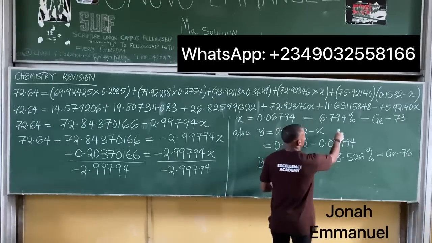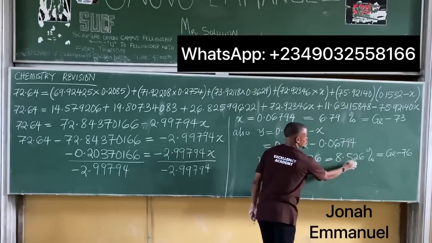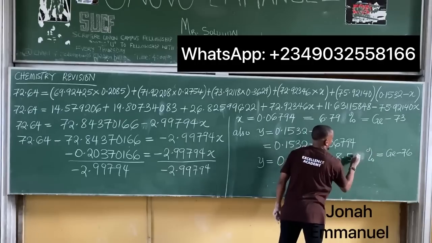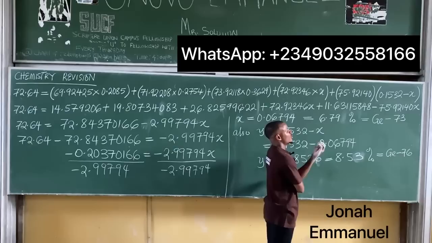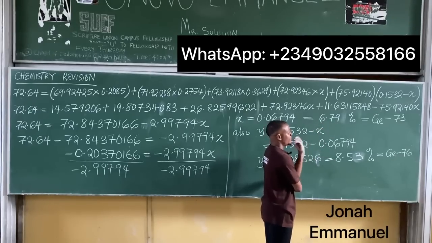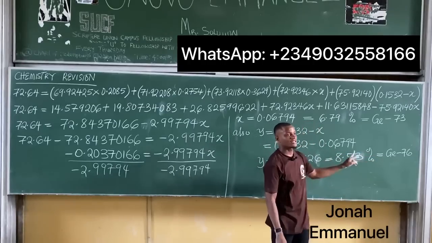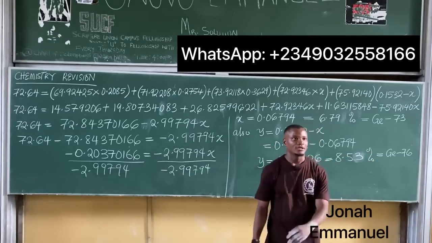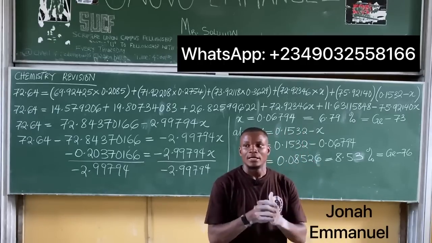So please, I'll convert this to 2. What will it be there? 5.3. So therefore, the percentage abundance of germanium 73 is 6.79, and the percentage abundance of germanium 76 is 8.53. This is question 3A solution.